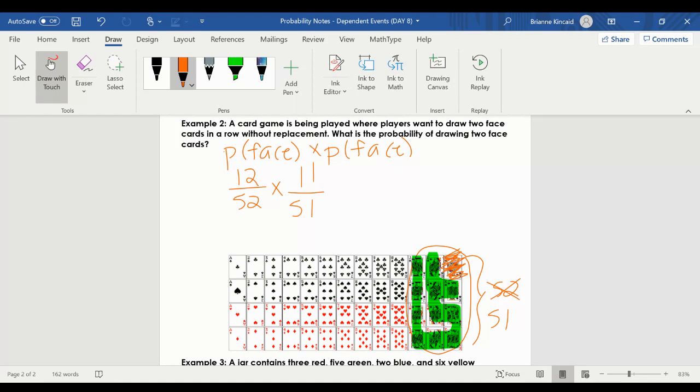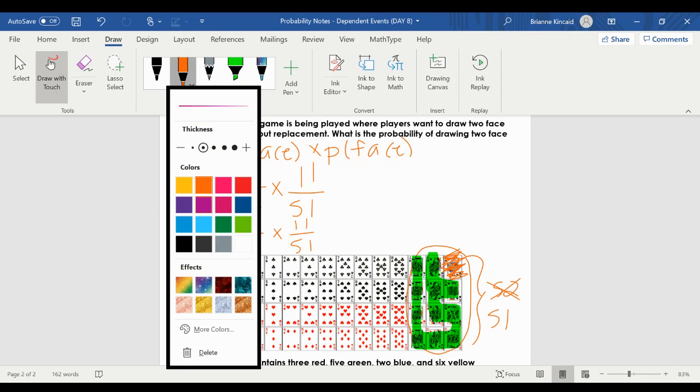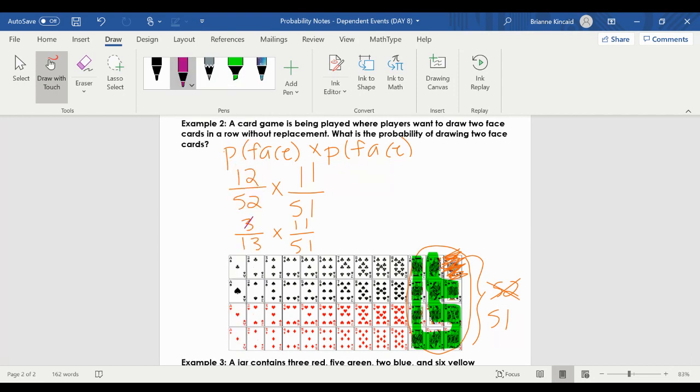Reducing where I can, I know that 12 over 52 is 3 over 13. And then 11 over 51 won't reduce. What I could do, however, is I know 51 is divisible by 3. 3 divided by 3 is 1. 51 divided by 3 is going to give me 17.